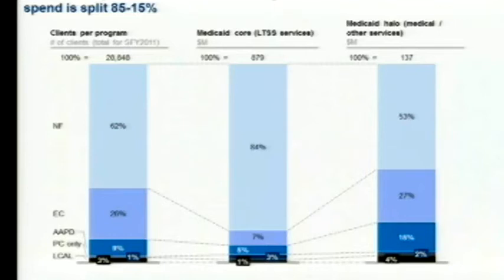And then you can see there 16% distributed between the waivers and the state plan personal care services. That's the second bar. The third bar over there at the right is the Medicaid halo. So this is the non-long-term service and supports.